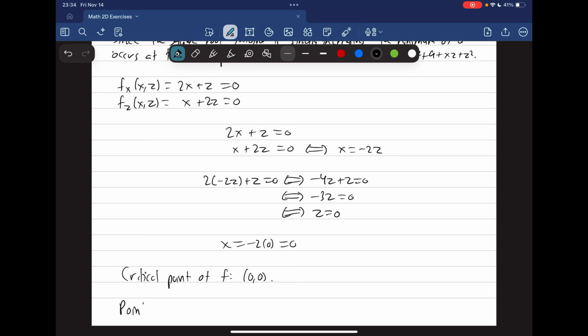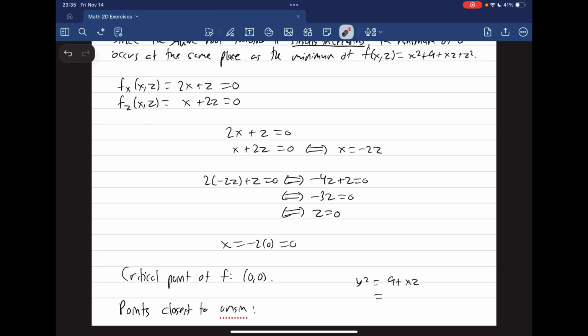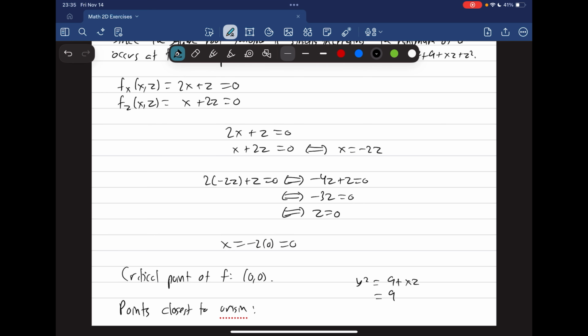To find the points closest to the origin, we just need to remember that y squared is 9 plus xz. Since both coordinates of our only critical point of f are 0, plugging these in we get that y squared is 9, so y has to be plus or minus 3. And therefore, the points are (0, 3, 0) and (0, negative 3, 0).